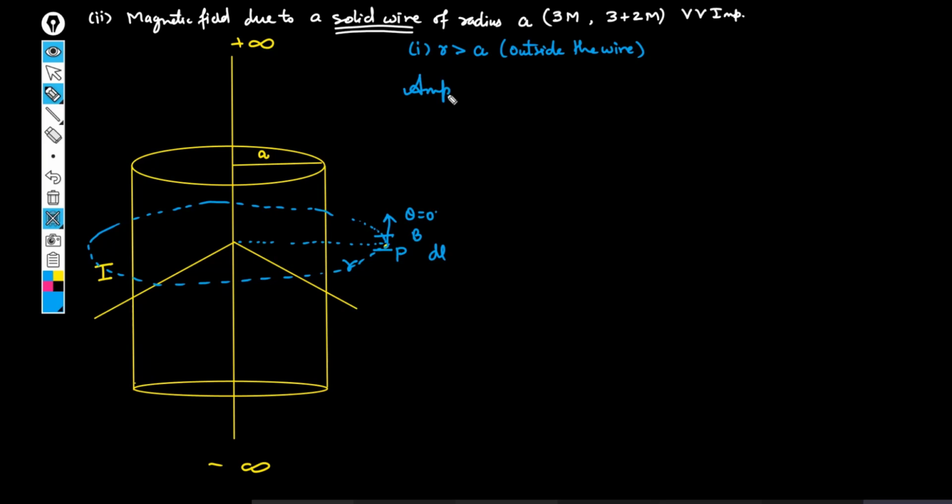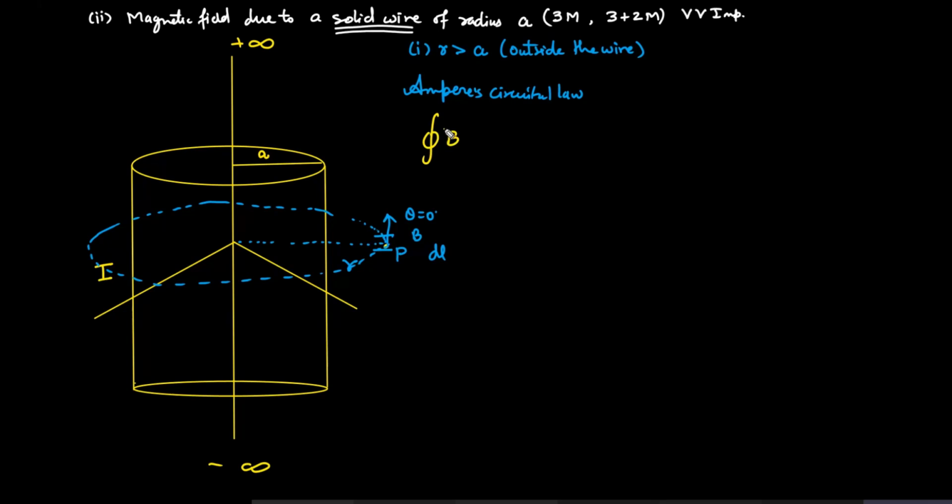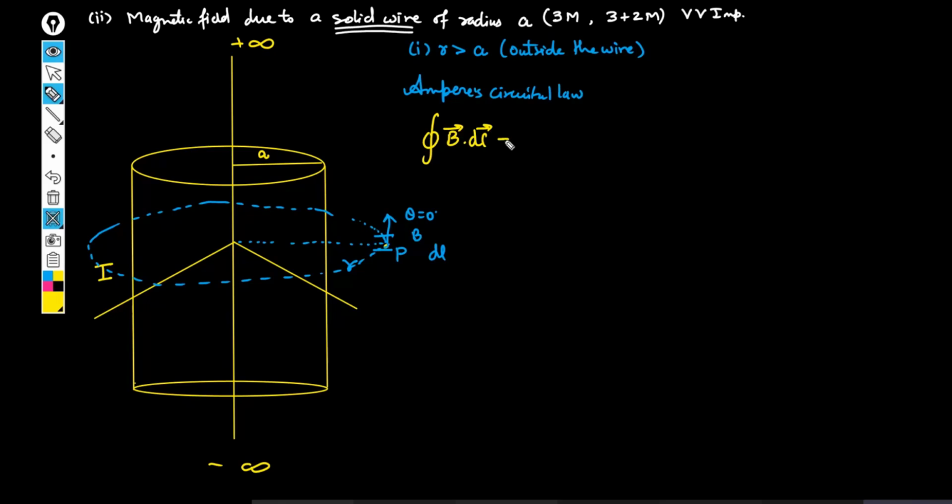Again from Ampere's circuital law, we can simply write here the line integral along the closed loop or Amperian path will be equal to mu naught summation I. Now if we open this, it will be B dl cos 0 equals mu naught, and again summation I, here it will be I. Observe from the top, again B is constant, uniform, so it comes out of the closed integral.